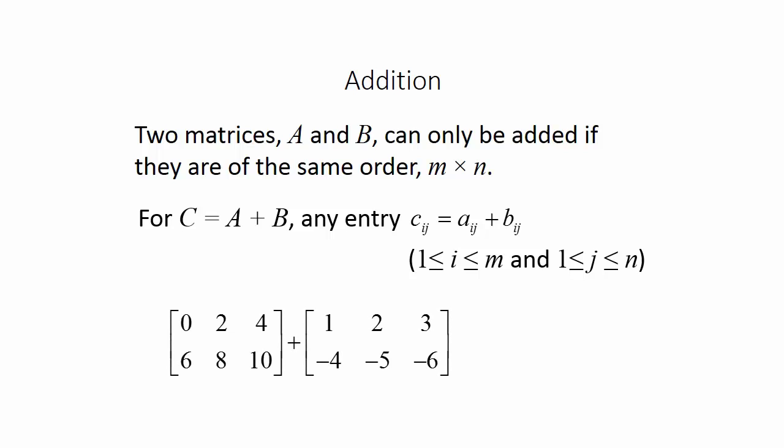So if we add these two matrices together, all we need to do is add the corresponding elements together and keep the sum at the same position. So 0 plus 1 equals 1. That'll be the very first element on the first row and first column of the sum matrix, and so on. And this is what we get.